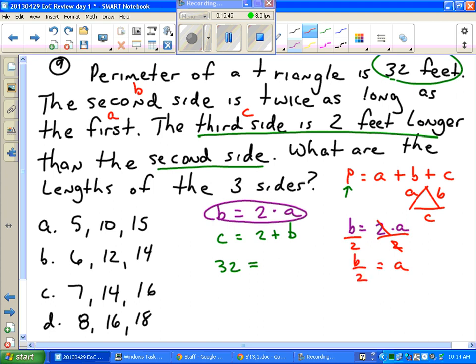So in place of A, I know we're kind of jumping around a little bit, we'll plug in this value here, B divided by 2.